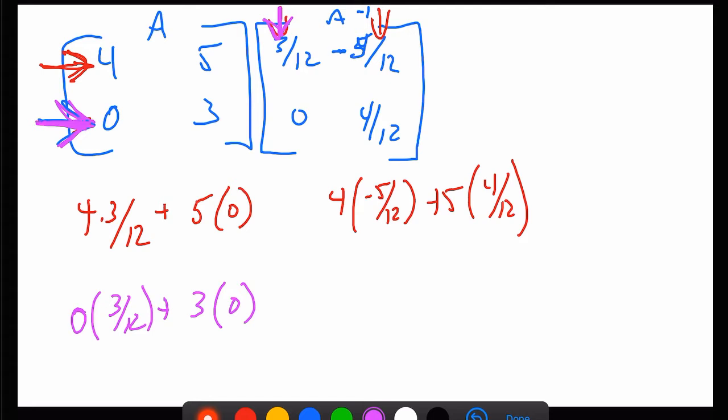And then row versus column. So I have 0 times minus 5 over 12 plus 3 times 4 over 12.